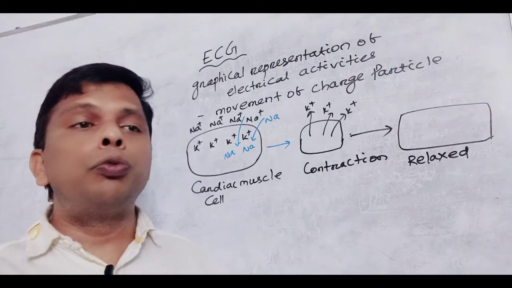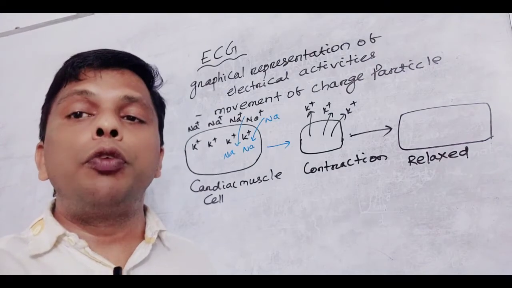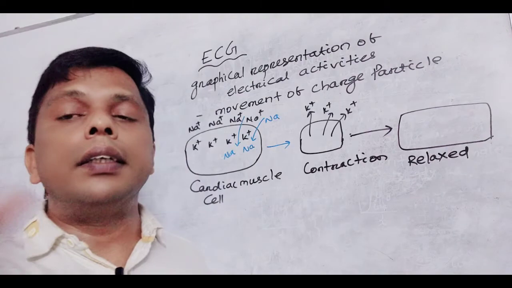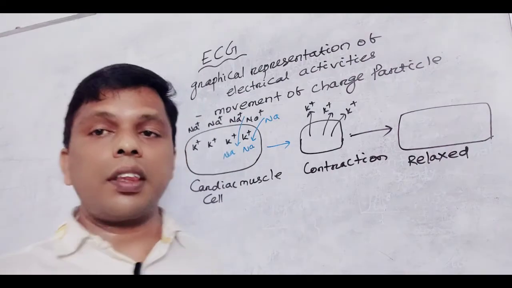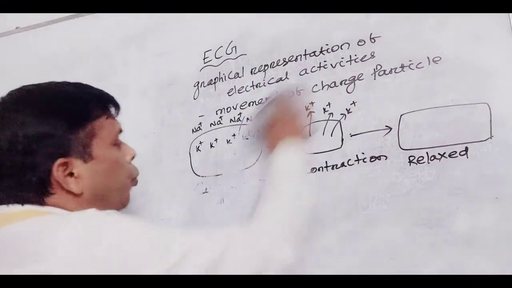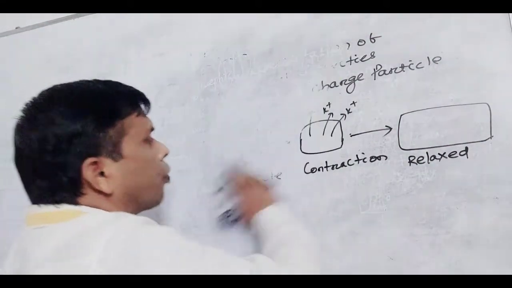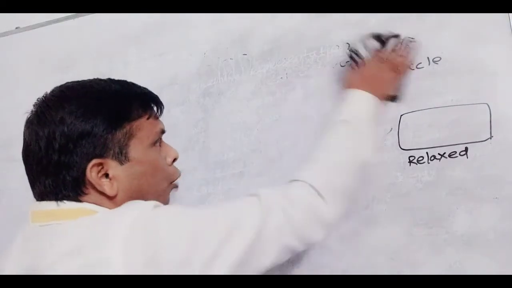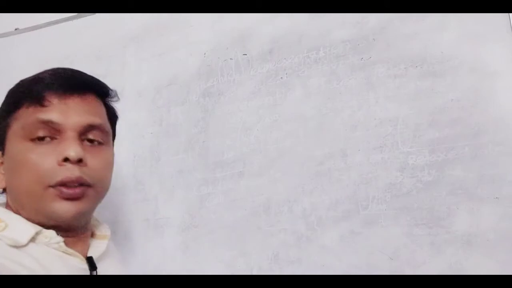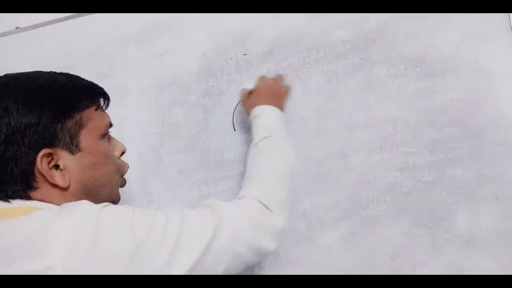So what are the 4 events? We have to first find what are the 4 events occurring in the heart in this ECG. As we already know the pathway of circulation and the direction of blood flow through the heart, suppose this is the structure of the heart.